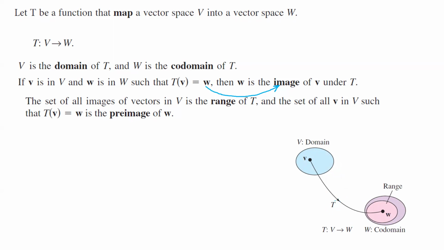This function is now denoted by T. It maps V to W. Again, guys, W is the codomain, the larger set. It's not necessarily the same as the range. The range is included in the codomain. Your function takes V and maps them to elements in the codomain or the range.